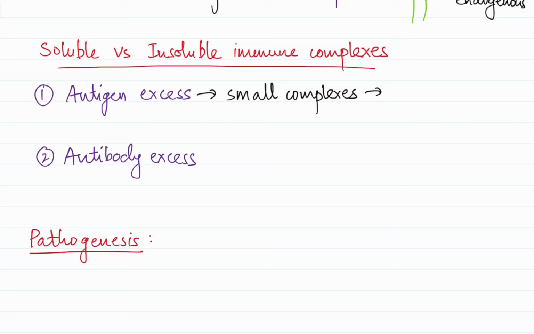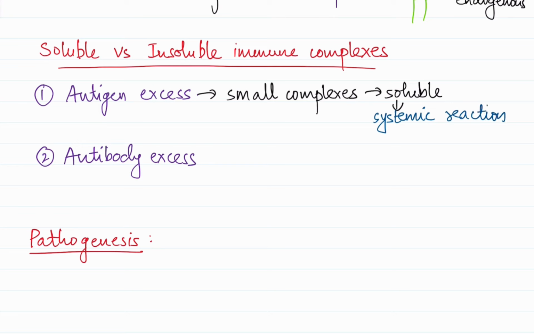What happens when they are soluble? They can travel easily in the blood, and hence they can get deposited anywhere in the body. So we can say that soluble complexes formed by antigen excess have a possibility of producing a generalized or systemic type 3 hypersensitivity reaction.